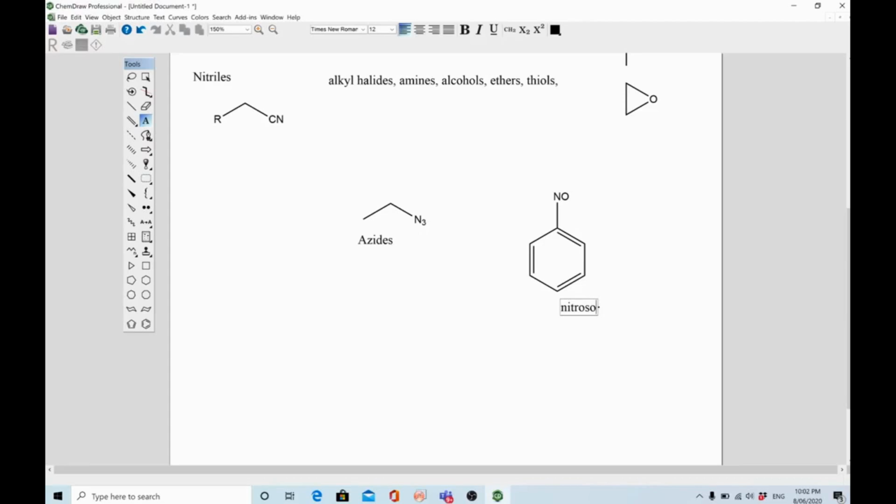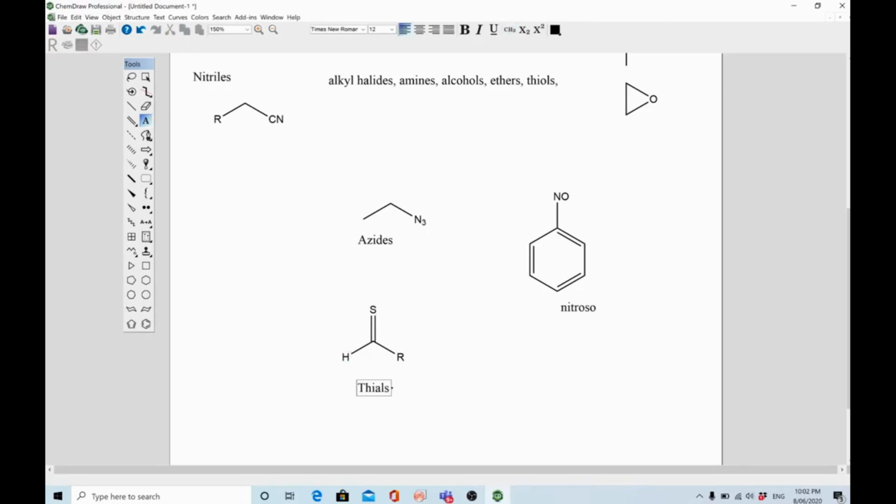And then there are thiols as well. If you remove the oxygen of an aldehyde, so this is an aldehyde, if you replace this oxygen with sulfur, they become thiols.